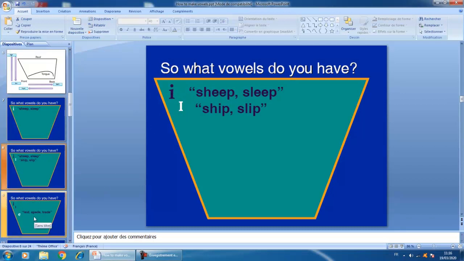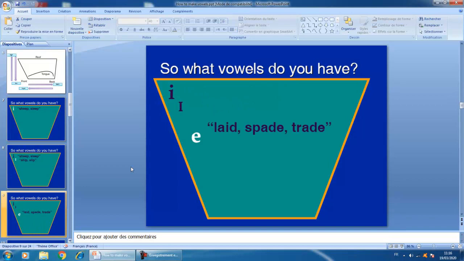Now, we have another vowel that we pronounce according to the book you are required to read. It's A, laid, spade, trade. This one is not high and it's not low or open, but it is in between. It's a mid vowel.